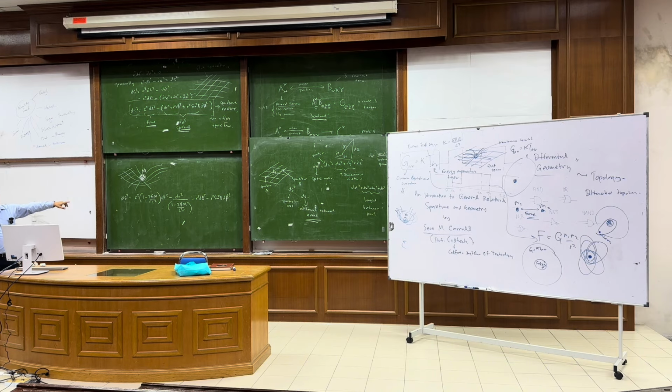This is what we call 2GM over c squared r, the Schwarzschild radius.